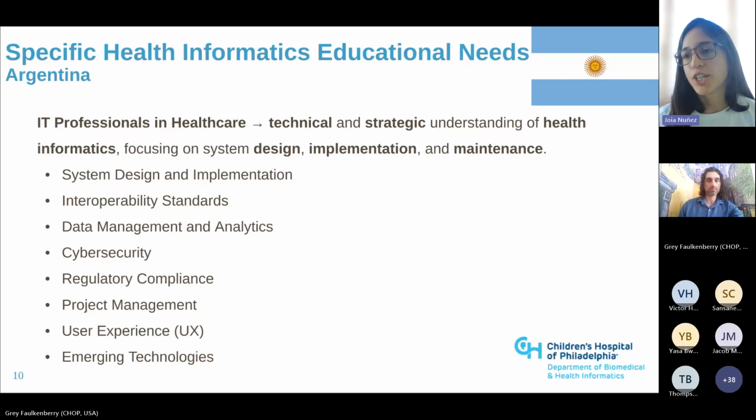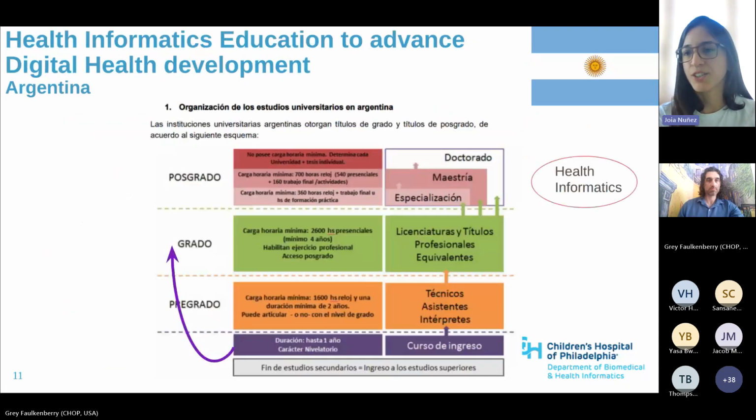And also there are some project management and user experience skills that need to be applied, and always being on the lookout for emerging technologies and trends like AI, blockchain, Internet of Things, etc.